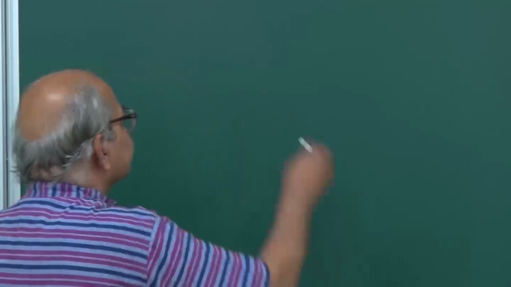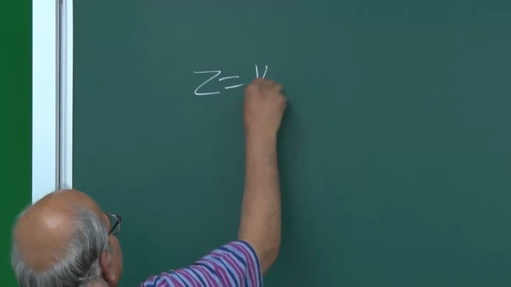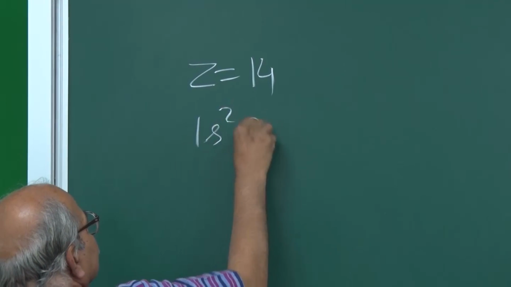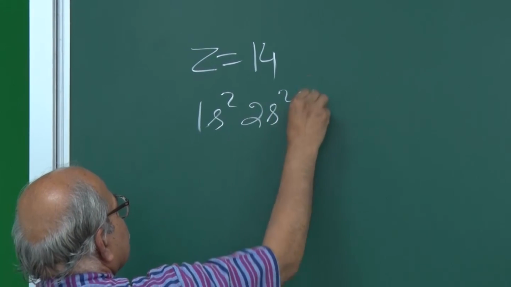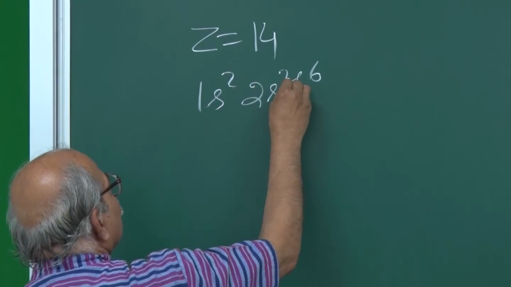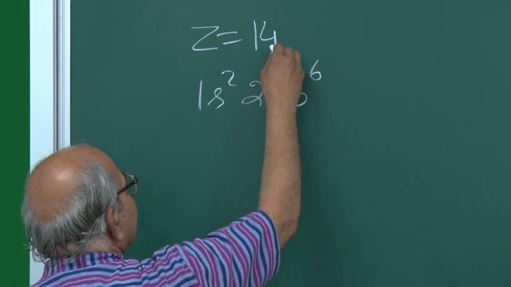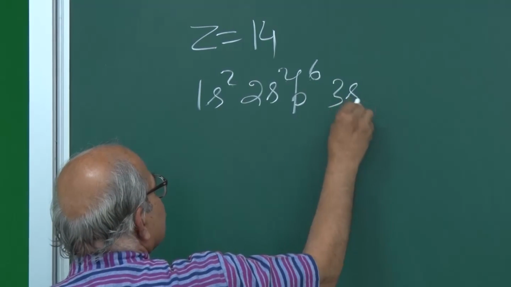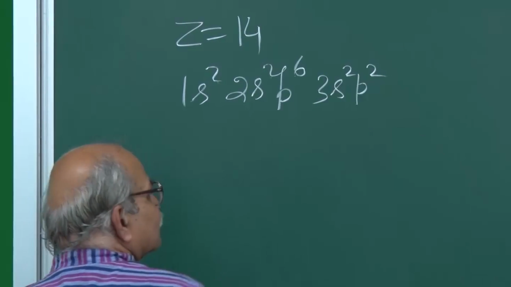Okay, so silicon is Z equal to 14, and its electronic configuration will be 1s2, 2s2 2p6, so 2, then 8, and then 4: 3s2 and 3p2.